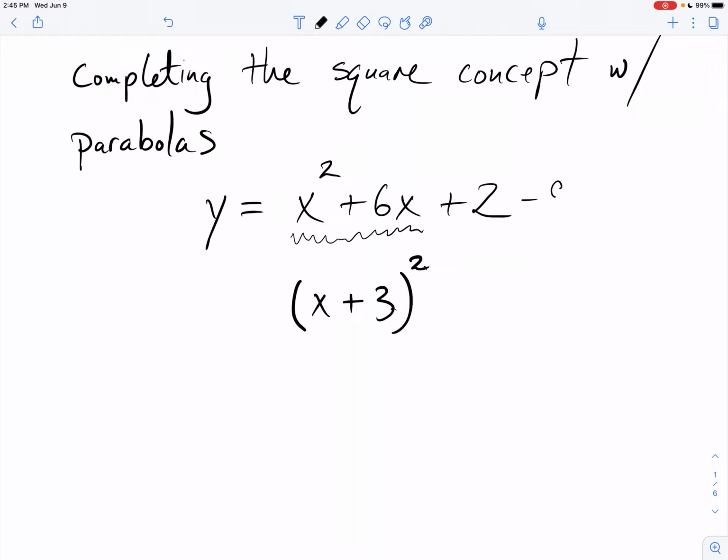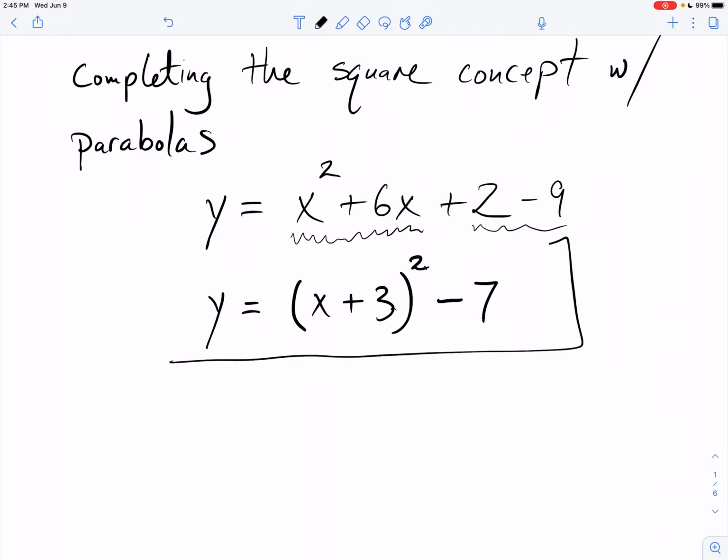You take that 9 away from the 2, and this part gives you a -7, and you have converted it into vertex form. You could easily tell me the vertex is at (-3, -7), and you know it's a parabola because it's the y equals format, not y squared equals.